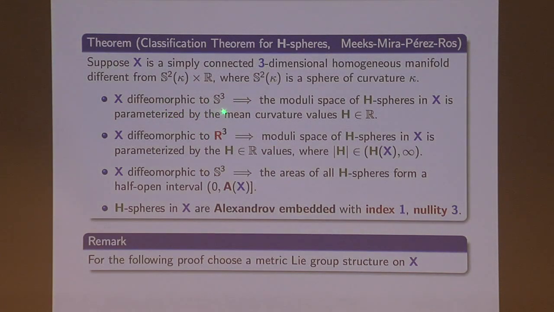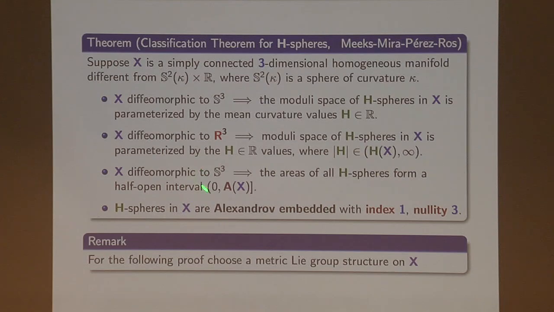So what are the situations? We're diffeomorphic to S3: there's a three-dimensional family of metrics there, and for each of those metrics you have a constant mean curvature sphere for any real number. If you're diffeomorphic to R3, notice I replaced Cheeger constant by the critical mean curvature. That's somehow the more natural number to look at in this problem.